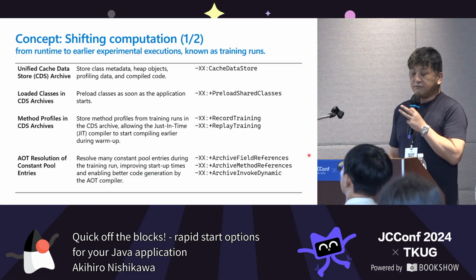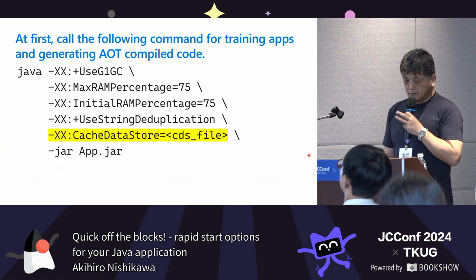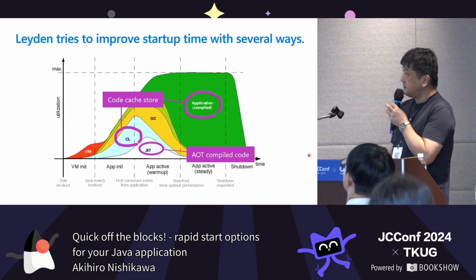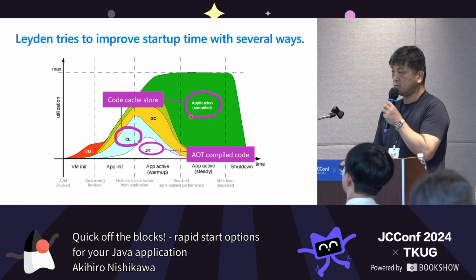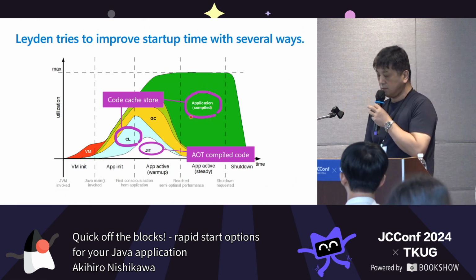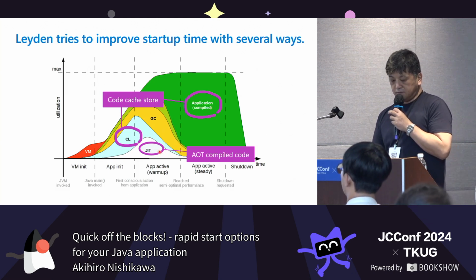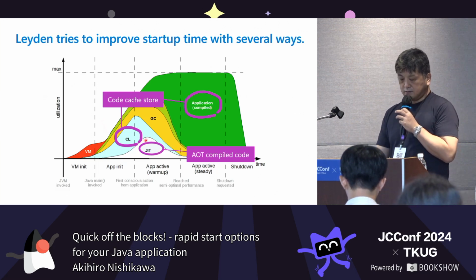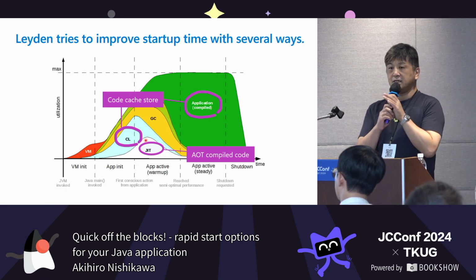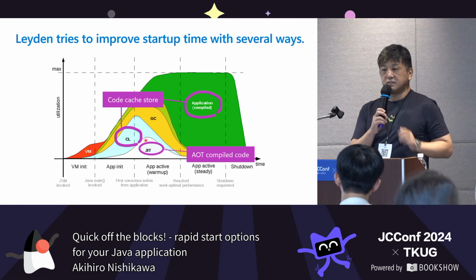The concept is shifting computation. Project Leyden covers cache store to reduce the startup, and AOT compilation, and so on, so it covers several options which I covered previously.